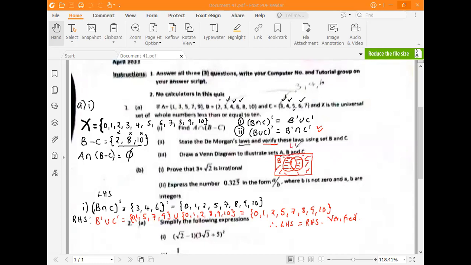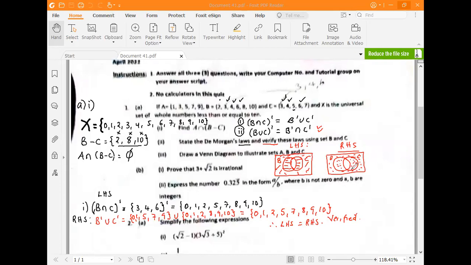This is the left hand side. You also bring the right hand side and shade. Again, you shade the same piece, like that.